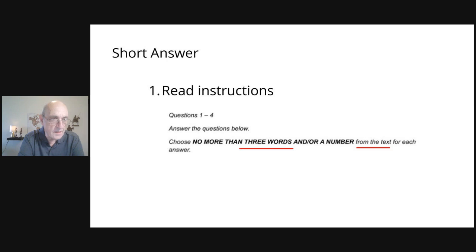In this case, the instructions are very clear, but it's very important that in this set of questions, you may use no more than 3 words or a number, and that these words come directly from the text. In the reading section, you don't have to have any prior knowledge of the topics of the passage.